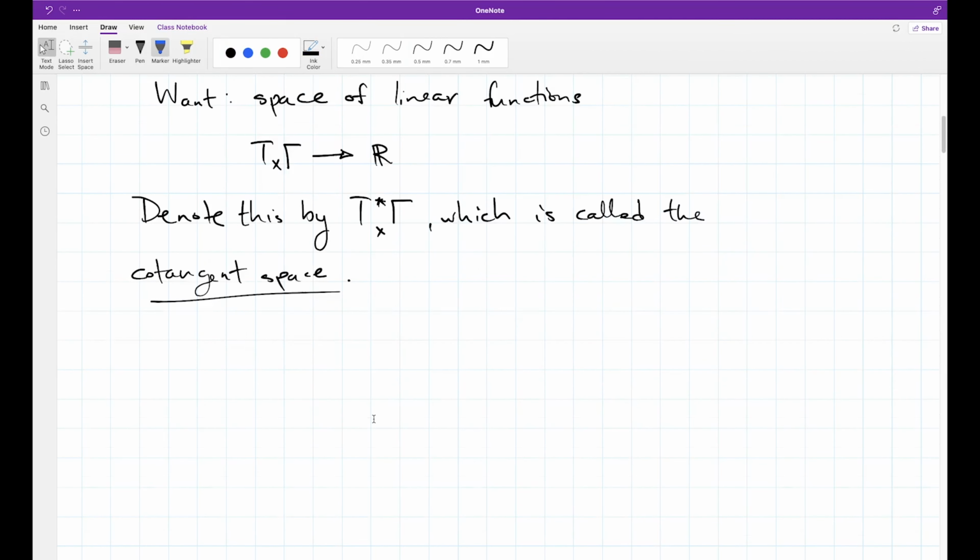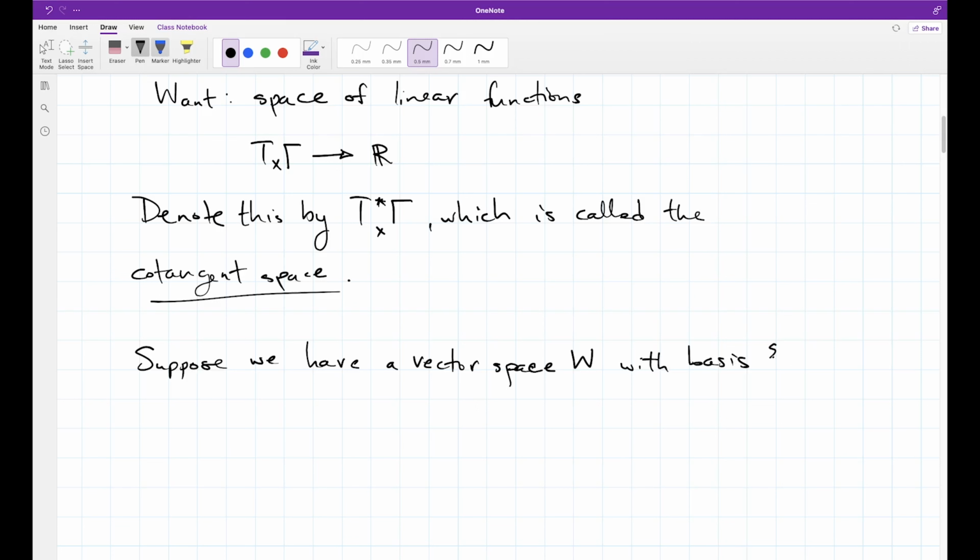Now, another thing we know about dual vector spaces, so you could think of the space of row vectors, is that given any basis, we can come up with a dual basis. So suppose we have a vector space, let's call it W, with basis E sub i.